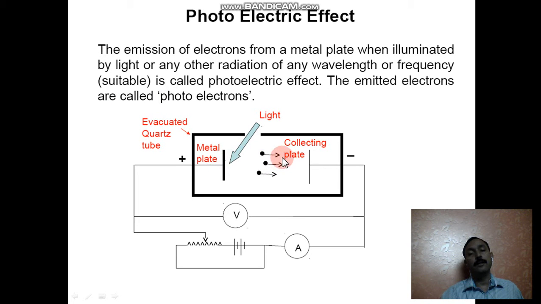These electrons are collected by the collector plate, and there is a current in the circuit and a deflection in the meter. The electrons that are emitted are known as photoelectrons. The current that we are getting is known as the photoelectric current, and the effect as a whole is known as the photoelectric effect.